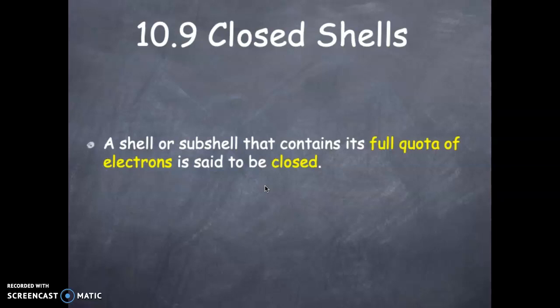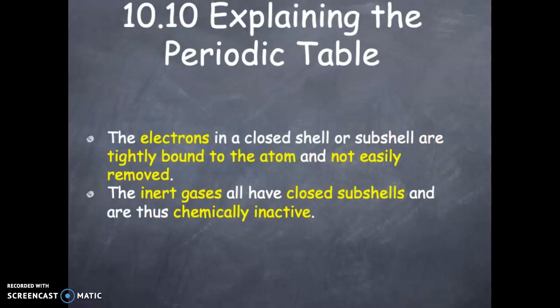They have the maximum number of electrons that they can have, so it's a closed structure. The electrons in a closed shell or subshell are tightly bound to the atom and not easily removed. Therefore, those atoms will not bond with other atoms to form compounds. Inert gases, as I said earlier, all have closed subshells and are thus chemically inactive. Okay, that takes me to the end of this presentation.